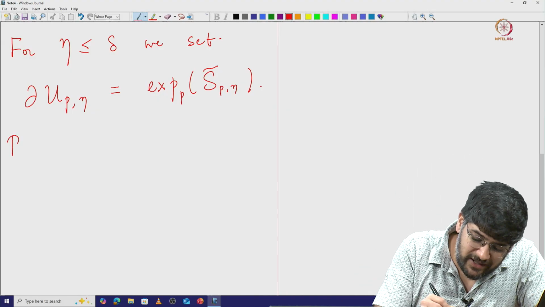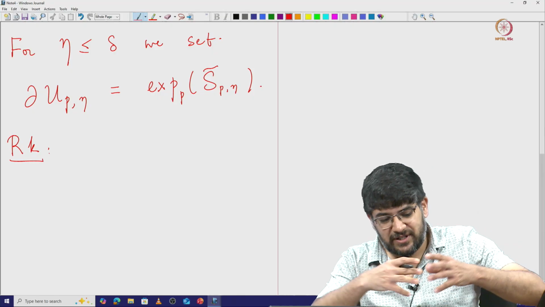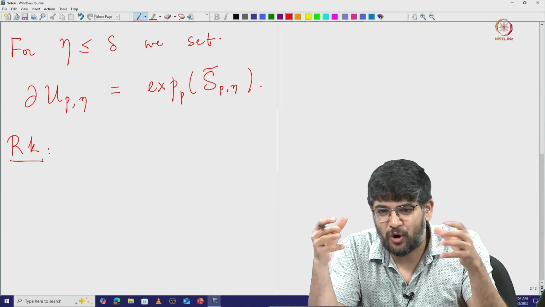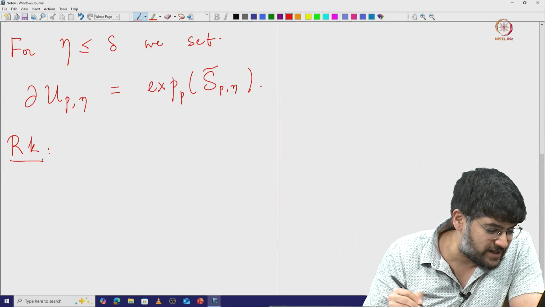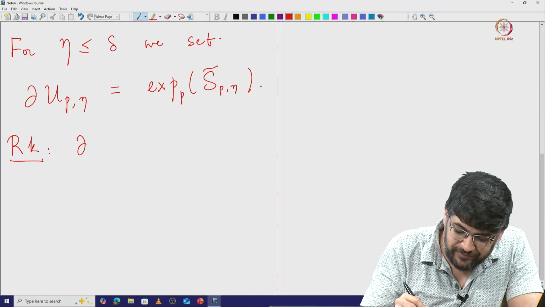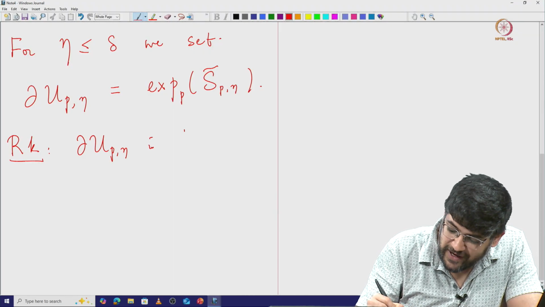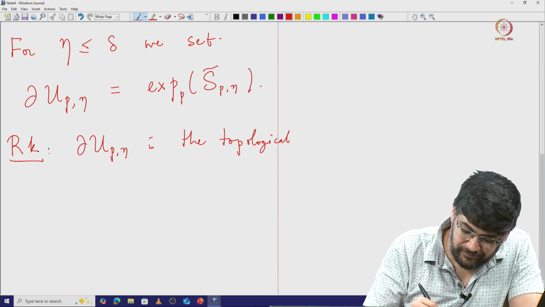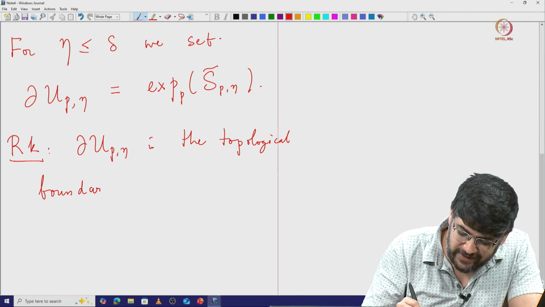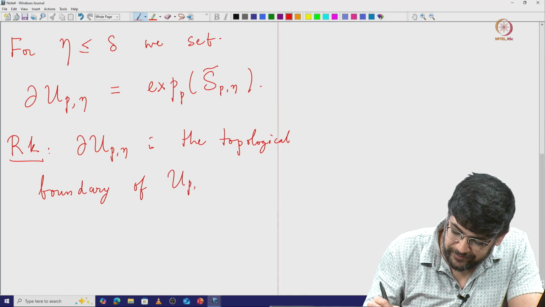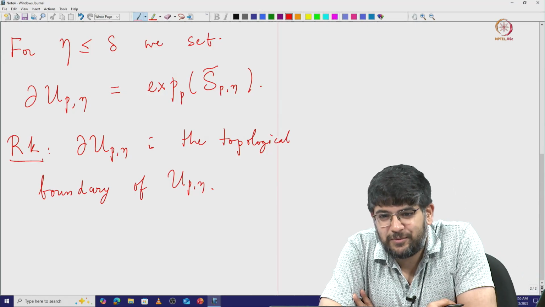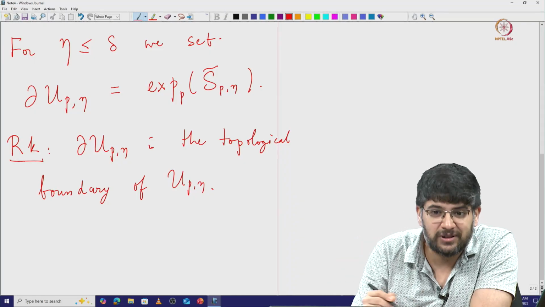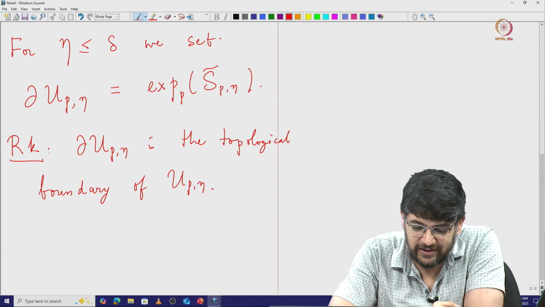And the remark is that because our exponential is a diffeomorphism defined on a neighborhood containing this ball of radius delta, one can easily prove that this is in fact the topological boundary, and hence the notation makes sense. That is because a homeomorphism takes the boundary to the boundary. So that is why this is going to be the topological boundary of the geodesic ball of radius eta.